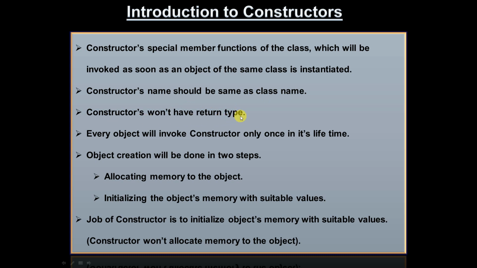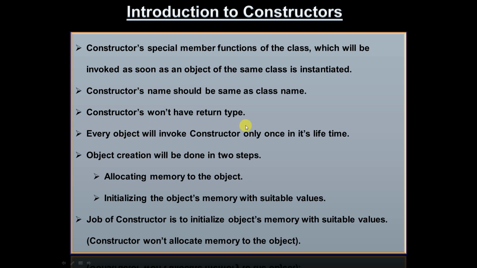For setDetails, if you are not returning anything, then we were writing void setDetails, right? But for constructors there won't be any return type, not even void. Only the constructor's name will be there, and that name is the same as the class name.